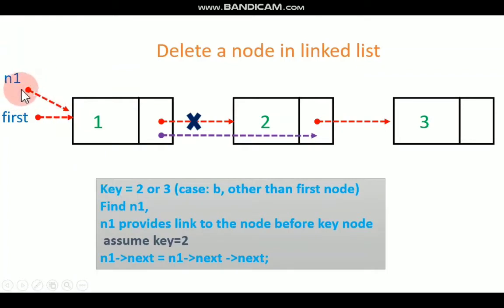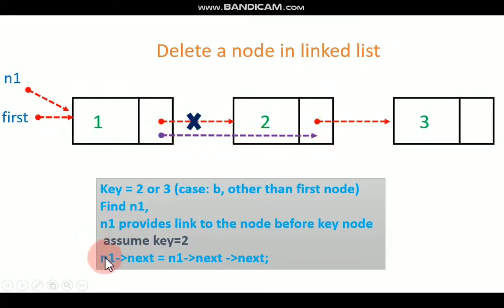So when my N1 is here and I want to delete this node, N1 arrow next means this is pointing here. Instead of that, N1 arrow next is equal to N1 arrow next arrow next.